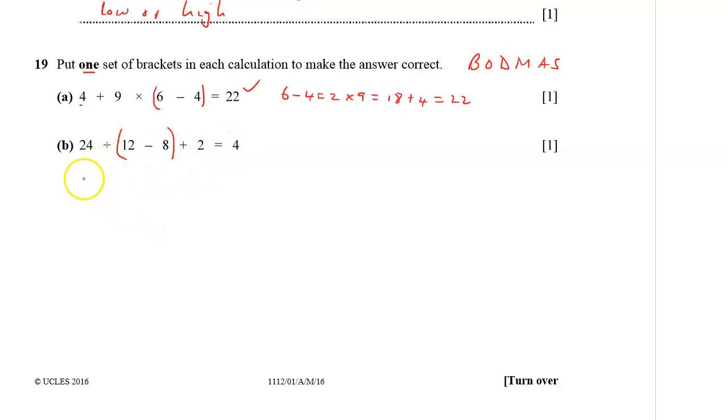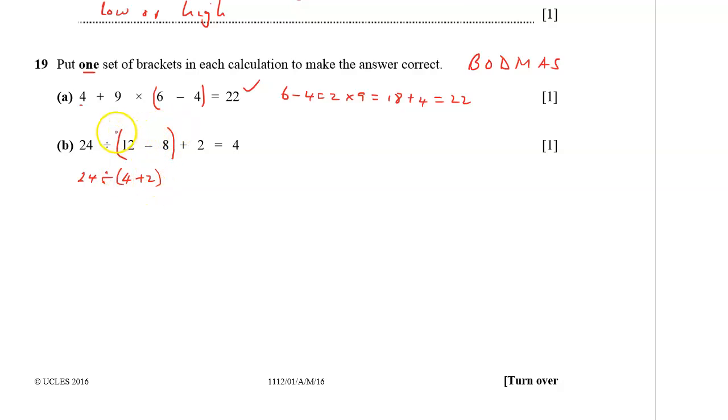That is right. So then, of course, this will now be 24 divided by 12 minus 8 is 4, plus 2. Of course, with 4 plus 2, you cannot divide by that first before having to put brackets there.